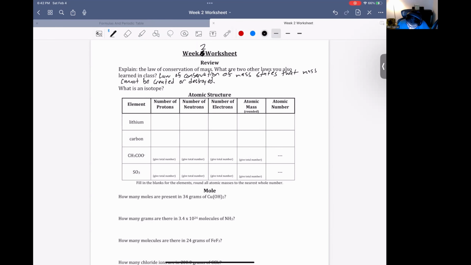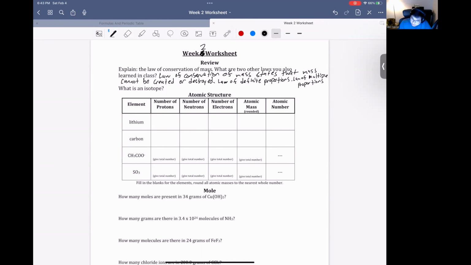So next, the other 2 laws that you have learned about are the law of definite proportions and the law of multiple proportions. So what do these 2 say?